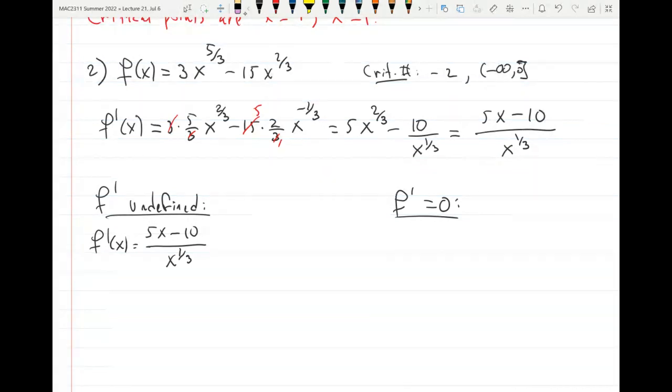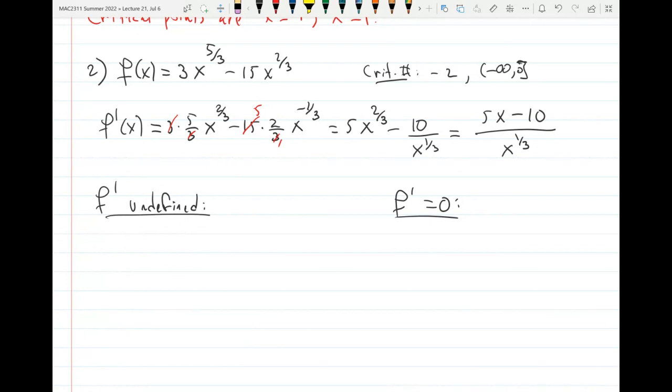Okay, we have it right there. So let's just look at it. Is it undefined somewhere? Look at the expression. Yeah. What is it? 0, right? You cannot plug in 0 there. Anything else is fine. Do you understand? But 0 is a problem. So this is undefined at x equals 0.